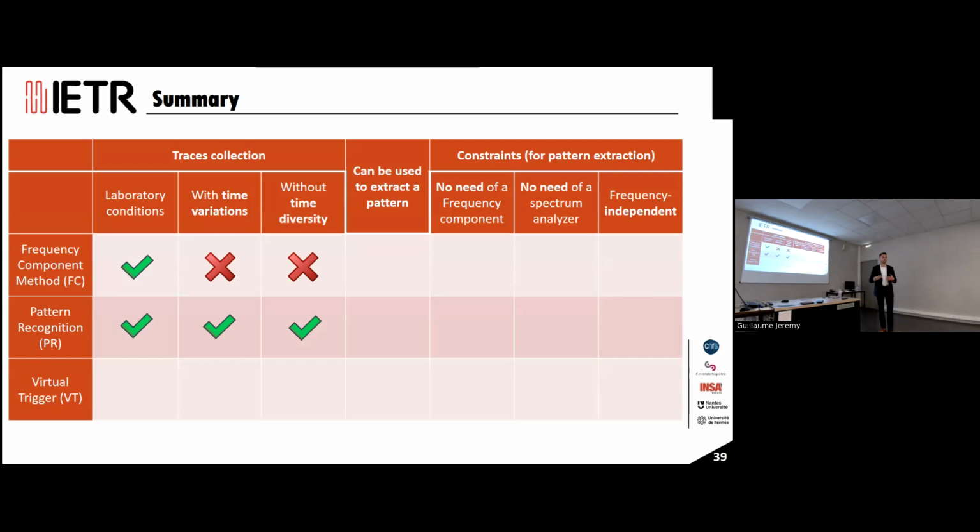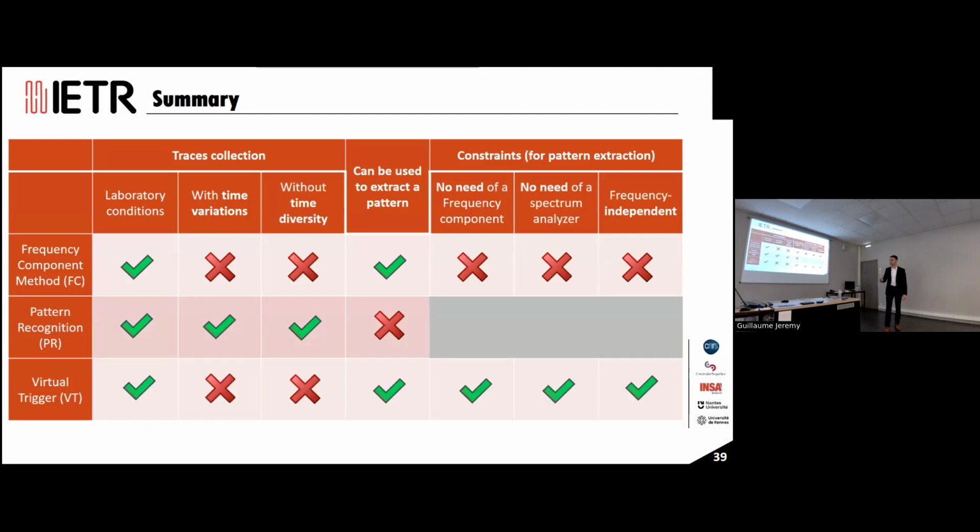But in order to use pattern recognition, we first need to have a pattern. And we can still use the initial method to extract a pattern. But this method also has limitations in the profiling phase to extract a pattern. So in order to remove this limitation, we propose a virtual trigger, which has the same limitation as the initial method in a realistic attack, but which removes the limitation in the profiling phase.